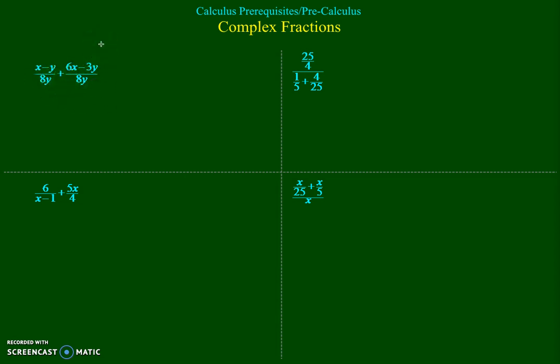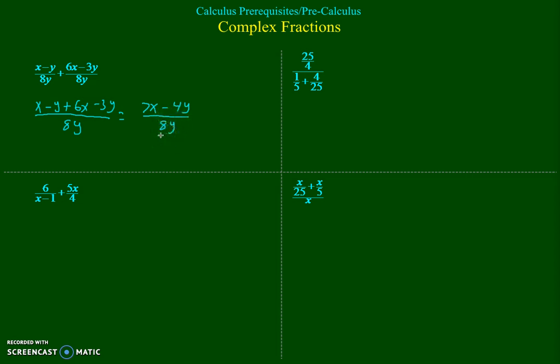So that's a fairly straightforward one, and what we get to then is x minus y plus 6x minus 3y all over 8y. Simplifying this gives us x plus 6x is 7x. Negative y minus 3y is negative 4y all over 8y.